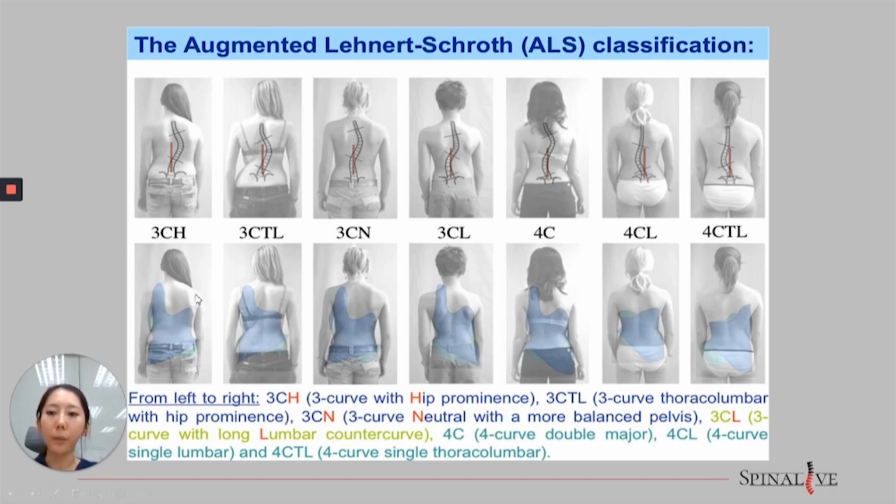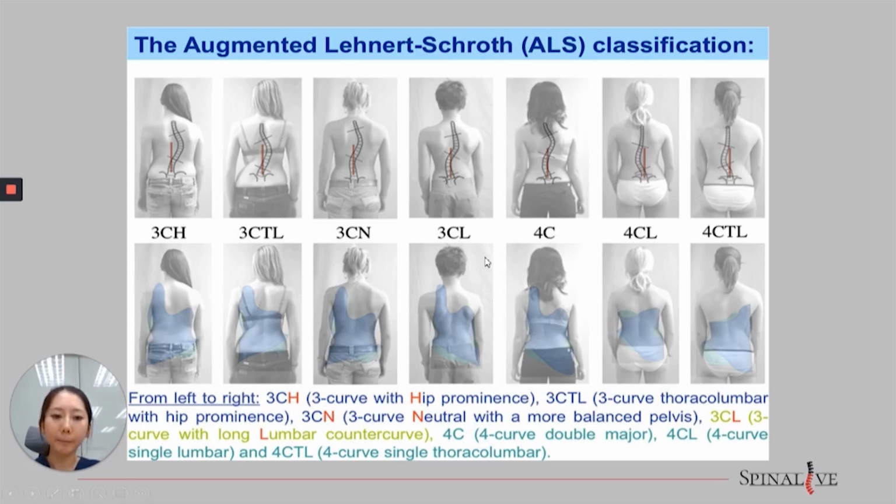So you can see there's a few where they mention 3CH, H meaning a thoracic curve with a hip prominence, 3CTL meaning a thoracolumbar curve, meaning the apex is at the thoracolumbar junction with a hip prominence, 3CN curve meaning there's a thoracic curve, however with a more neutral and balanced pelvis, meaning there's no side shifting of pelvis like how it is on the first and the second image.